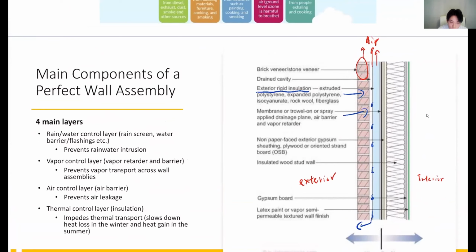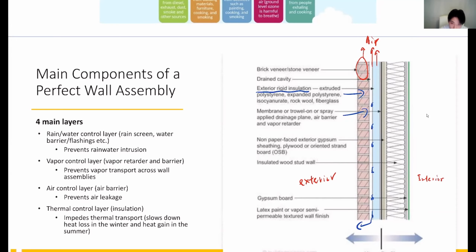That means during the summer, the outdoor heat is hard to get in, and during the winter, the indoor heat is hard to get out, which is beneficial for us, right? This exterior rigid insulation provides thermal resistance to the whole assembly, and because it's rigid, water is very hard to come through it. So it also prevents water from coming into the building enclosure.